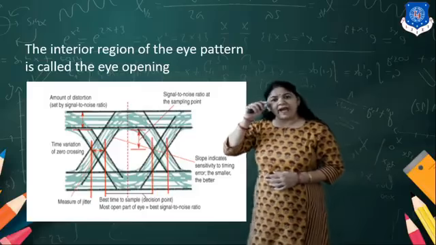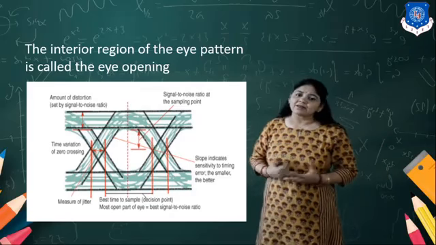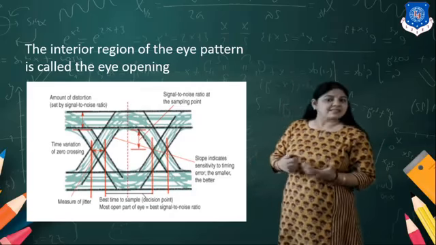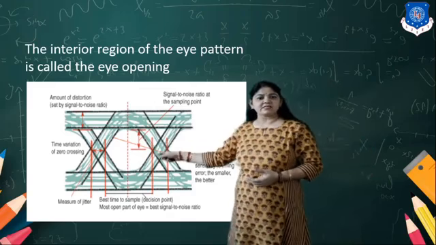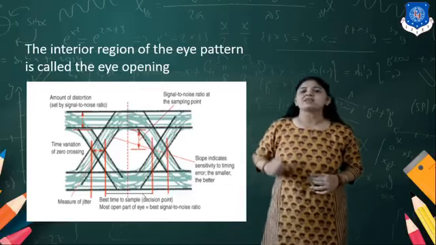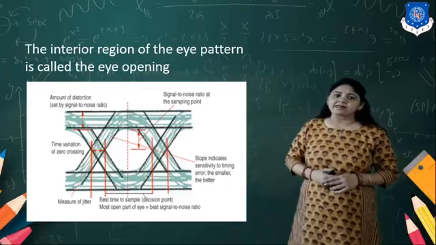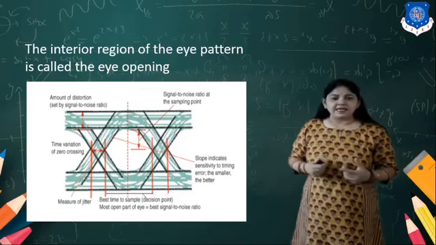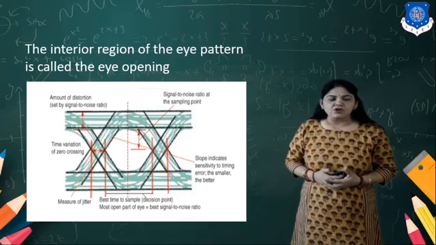When the maximum eye opening is there, the ISI, inter-symbol interference, is less. But as you go toward this side as well as this side, the eye opening decreases. And as the eye opening becomes less, we can say that there is interference.